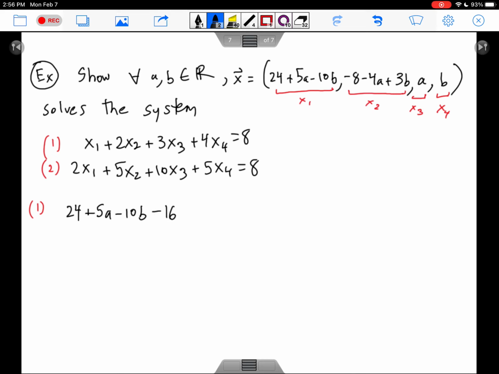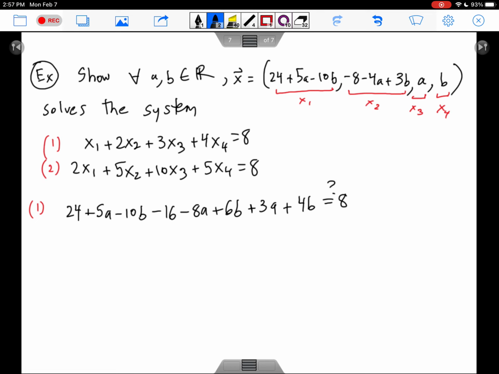We have to double x2, right? So plus 2 times x2, so that's going to be minus 16 minus 8a plus 6b. And now we need to write plus 3 times x3, so that's plus 3a. And then plus 4 times x4, so that's plus 4b. We want to know if that equals 8, right? That's equation 1. We need to see if that actually works.